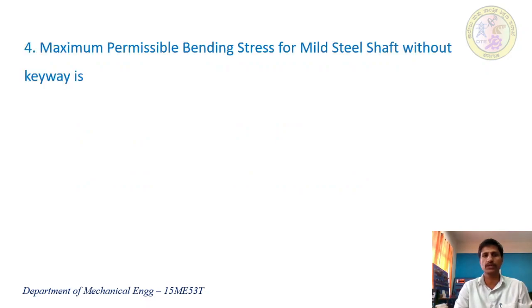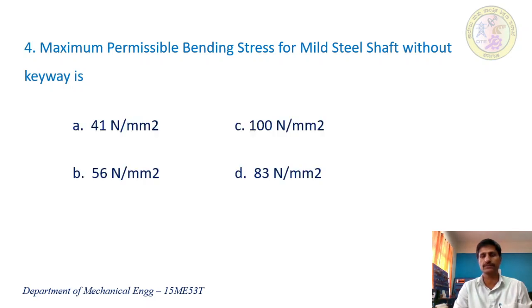Next MCQ is, maximum permissible bending stress for mild steel shaft without keyway is. Answers are 41 Newton per mm square, 56 Newton per mm square, 100 Newton per mm square, 83 Newton per mm square. Please give your answer.